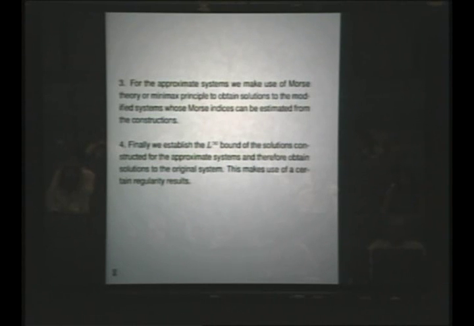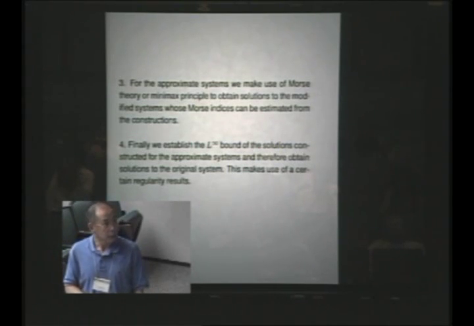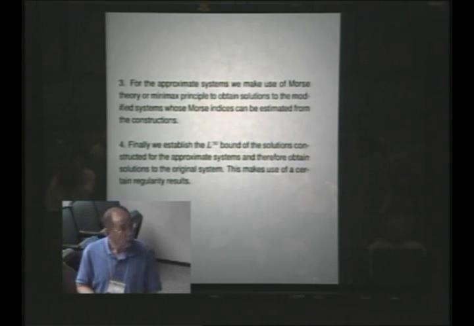And the third step is, for each of the approximate problems, you use either Morse theory or the minimax principle to get solutions, whose Morse indices can be estimated from the construction here. That will be used also in the last step.